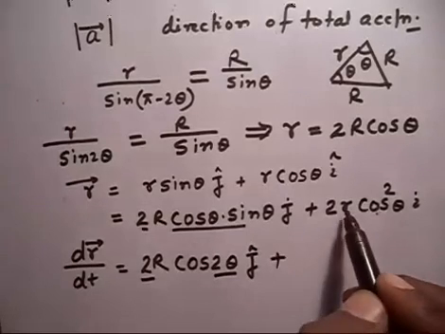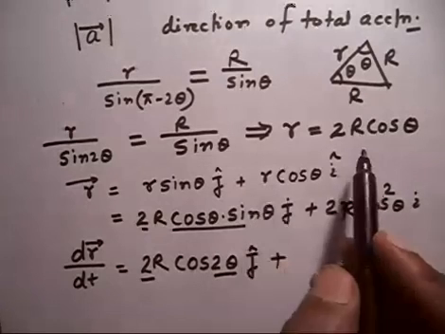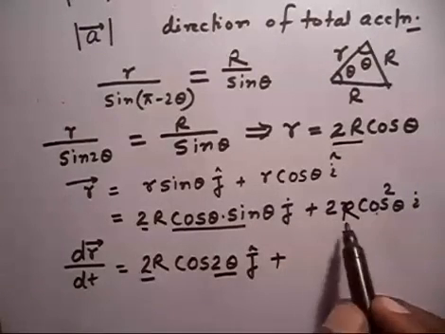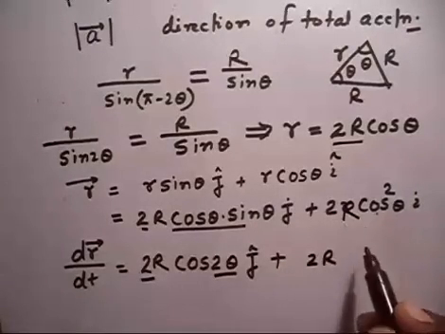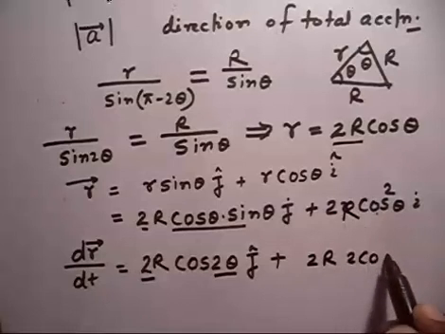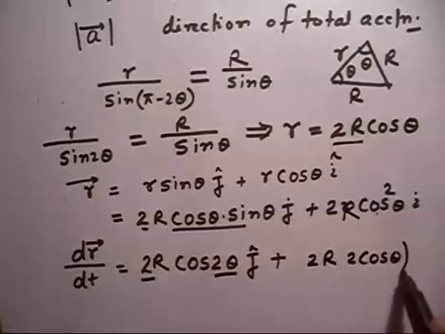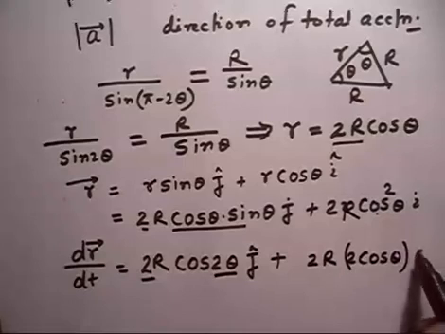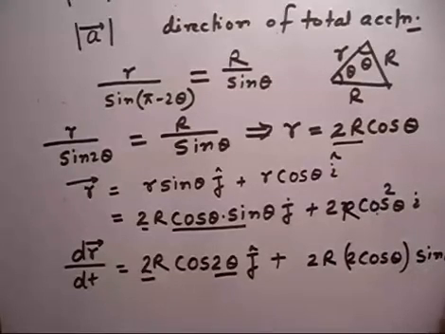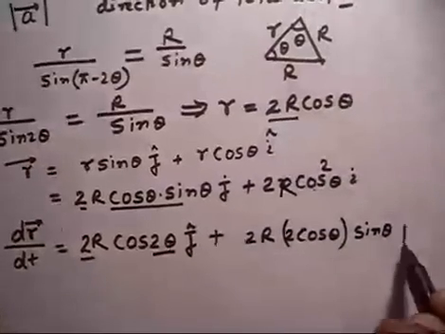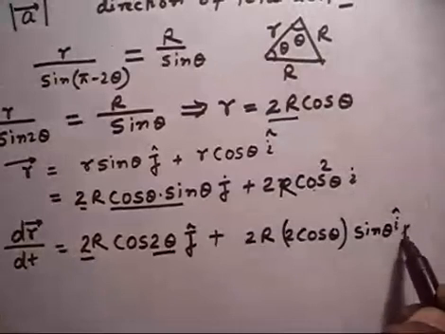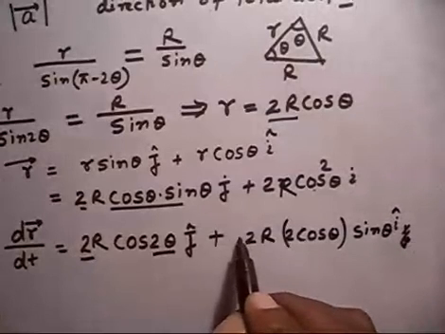Now this is capital R, because I have given the value of R. So this is 2R cos squared theta, which gives 2 cos theta. Then I have to differentiate cos theta, which is minus sine theta, so this is i cap. Plug this minus sign here.